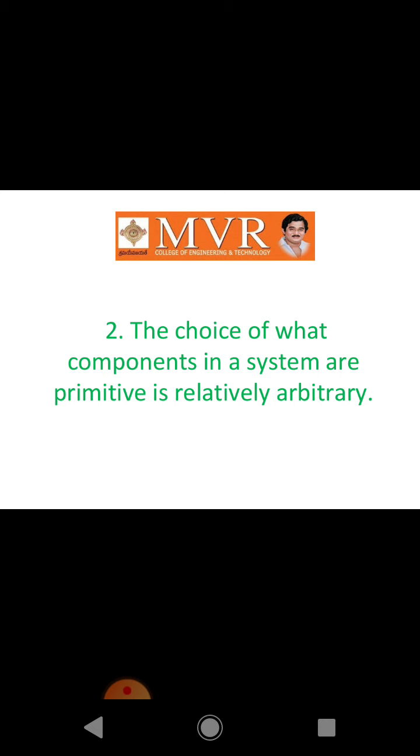Among all those components, only 5 components are important to consider. So we can say the choice of what components in a system are primitive is relatively arbitrary and is largely up to the direction of the observer of the system. This is the second attribute of any complex system.